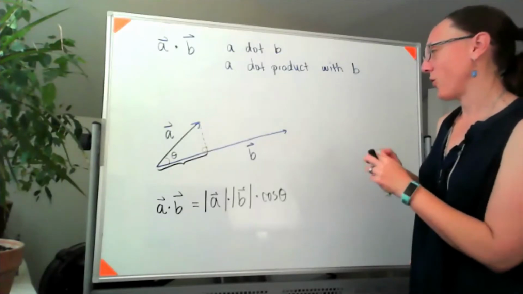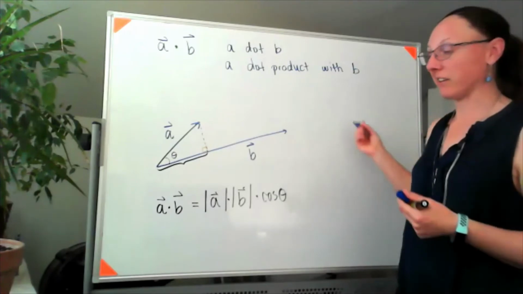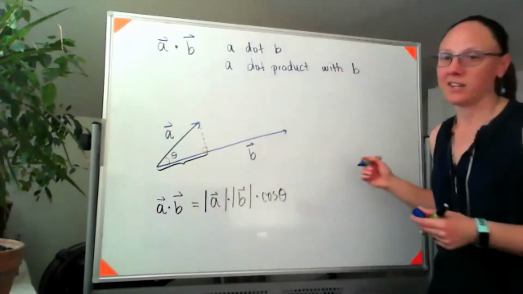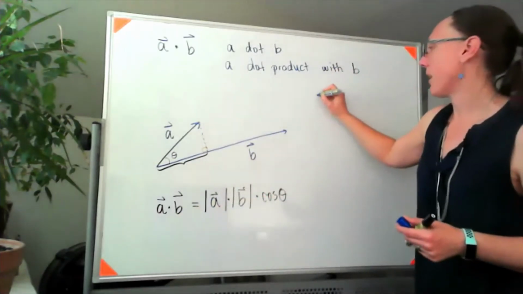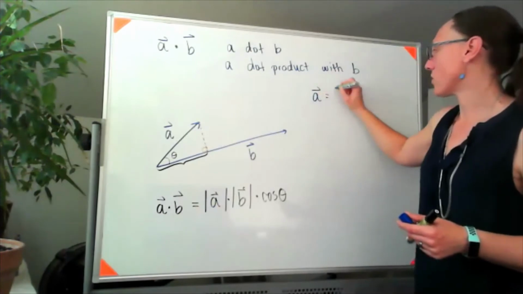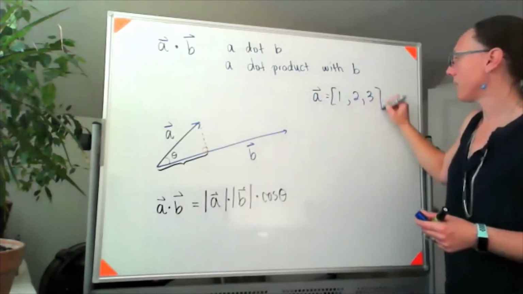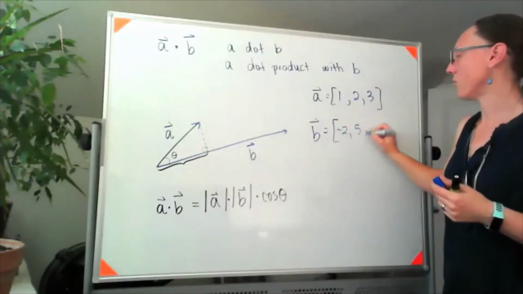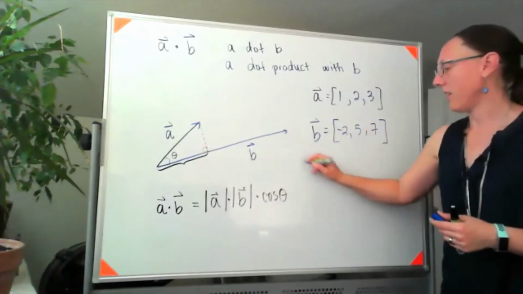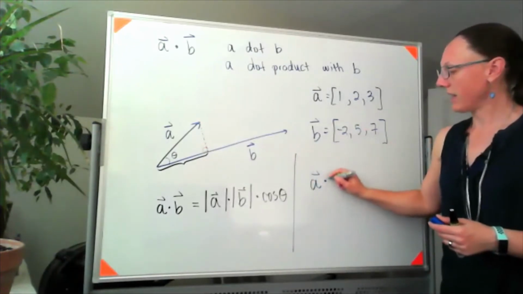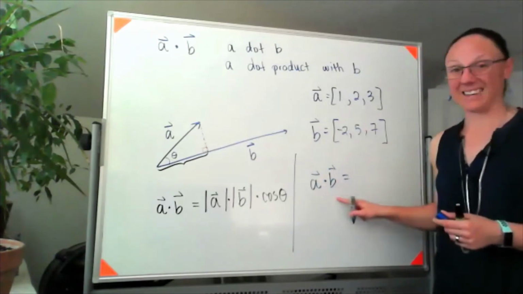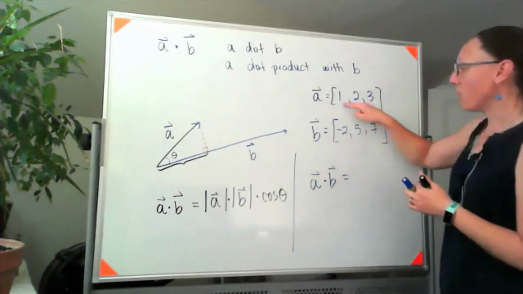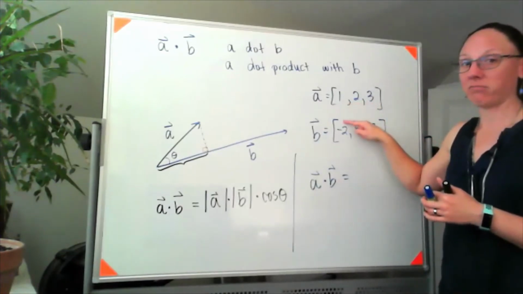So I'm going to give us two vectors so that we can practice the computational side over here. So if my A vector is equal to 1, 2, 3, and my B vector is equal to -2, 5, 7, then A dotted with B, as a formula, what I'm going to do here for that dot product is multiply the two x components together.